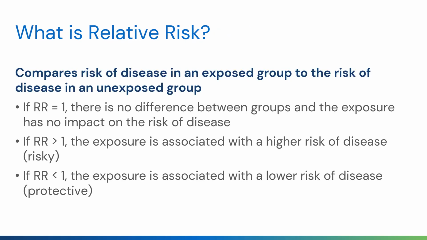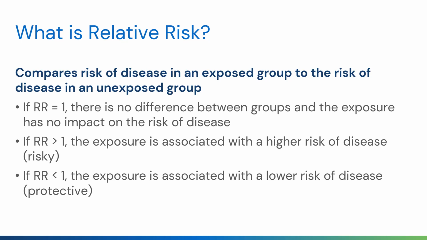What is relative risk? This compares the risk of disease in an exposed group to the risk of disease in an unexposed group. So you are looking at groups with known exposure status, and you're looking at the development of disease. This is typically measured in cohort studies.